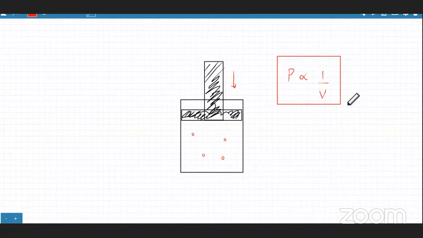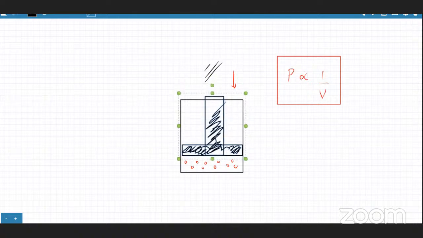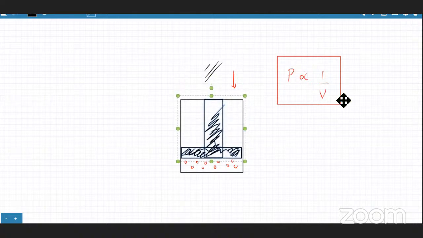But the thing is that at a certain high pressure, gas becomes incompressible. When does it become incompressible? You've increased the pressure a lot and the piston is moving downwards. At a certain point, gases are only compressible as long as there are gaps between the particles.